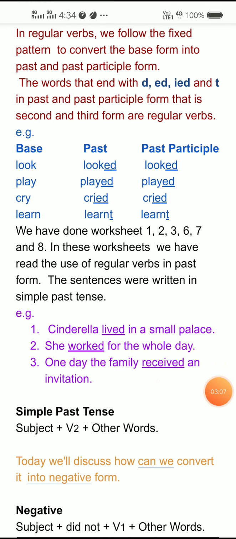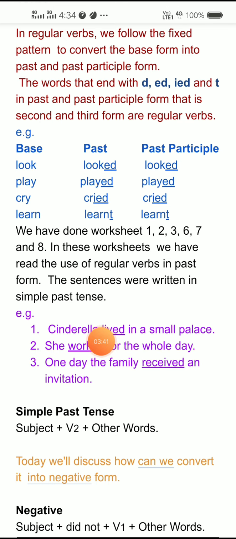Students, in your fifth class, you have read the perfect tenses. In perfect tenses, we use subject plus has, have, had plus V3. V3 means verb third form. So in perfect tenses and in passive sentences, we use third form. But in passive sentences also, we need some helping verb.